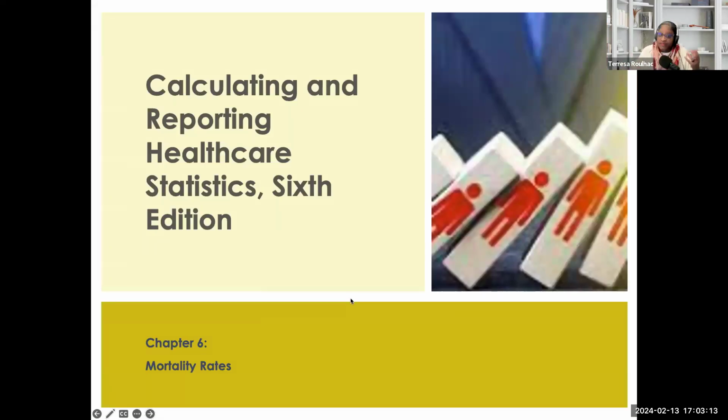Okay, so right off the bat in chapter 6, we're looking at mortality, death. This is the measure of the number of deaths in general or due to a specific cause, in a particular population, scaled to the size of that population per unit of time. Now, we have to ask ourselves, how do we think variations in mortality rates can shape the overall health and well-being of populations?